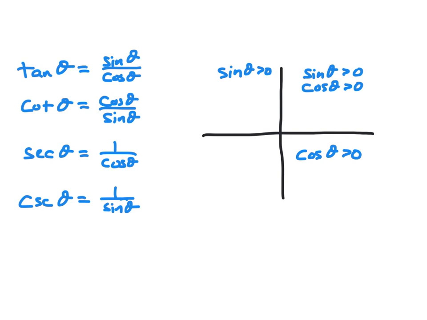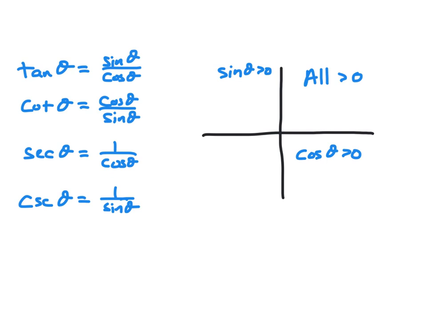We can apply the same logic to cotangent, secant, and cosecant to see that those 3 functions will also be positive in the first quadrant. And so in fact, instead of saying that sine and cosine are both positive, we could simply say that all functions in the first quadrant are positive. So all 6 of our trig functions in the first quadrant will be positive.